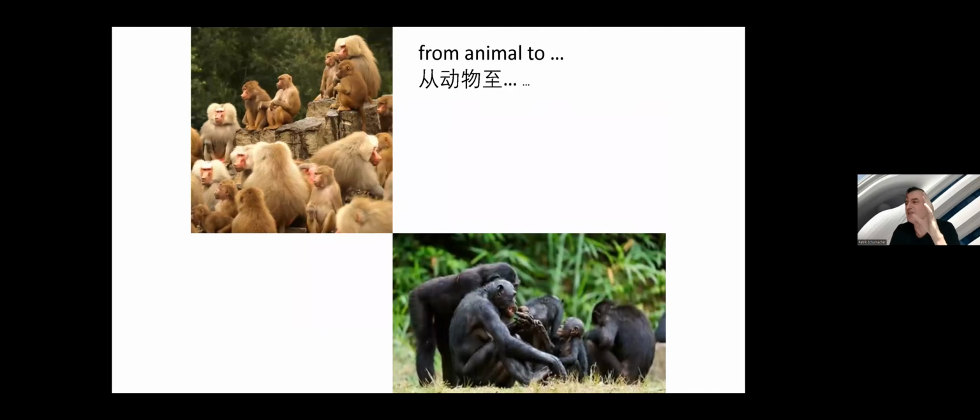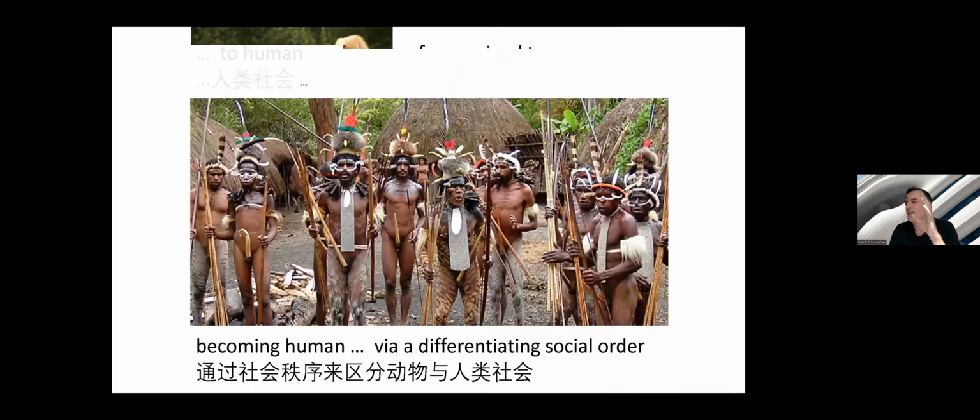This difference, I think, is quite striking. In differentiating the social order, the groups are also much larger, and you need to understand who is in charge and who is married, who is not married yet, and so on. What's the ranking and hierarchy and tribal affiliation.